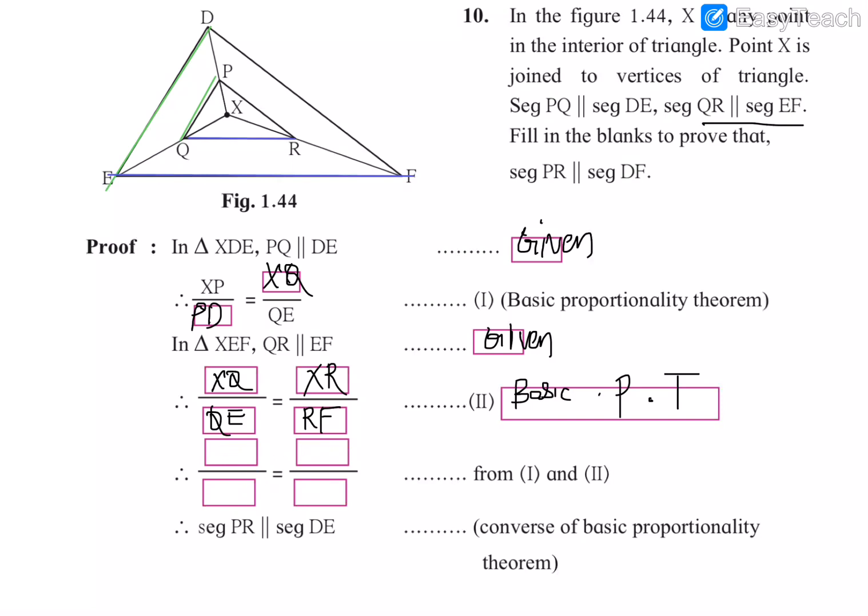We are going with the next step. The blank is not filled, but the reason is given as from 1 and 2. From 1, XP by PD is equal to XQ by QE, and 2 is XQ by QE is equal to XR by RF. You can see that side XE is common to both triangles, XDE and XEF, so XQ by QE is common.